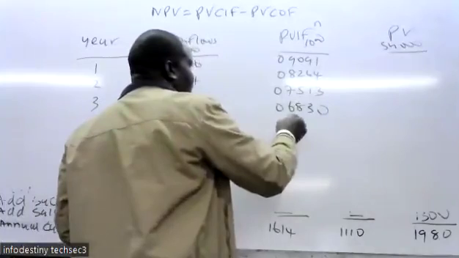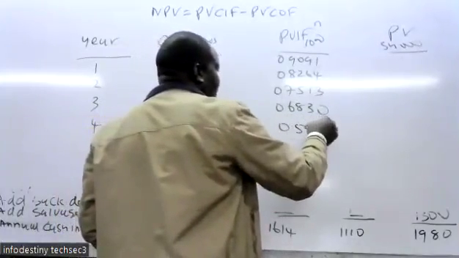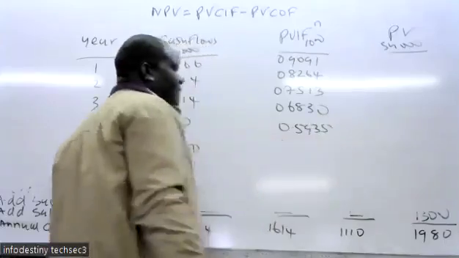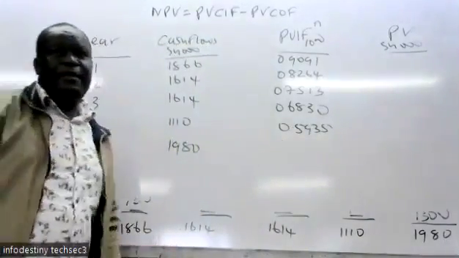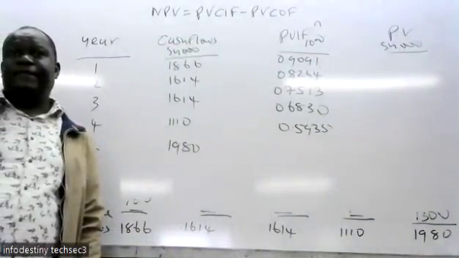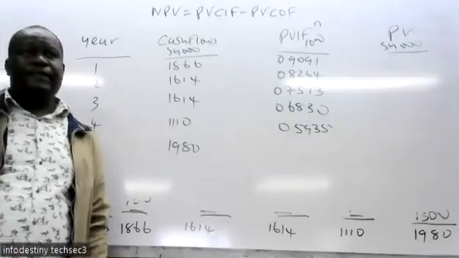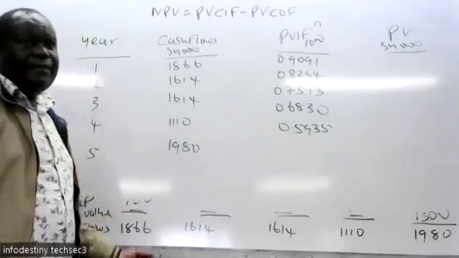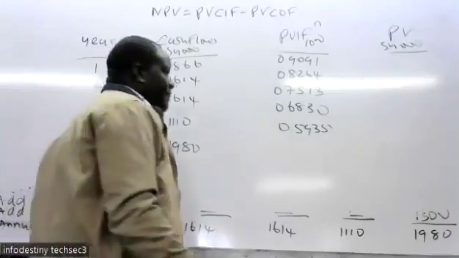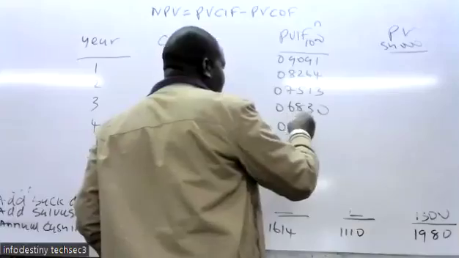Then year 5, 0.621. How about those figures? Which one? 0.6209.